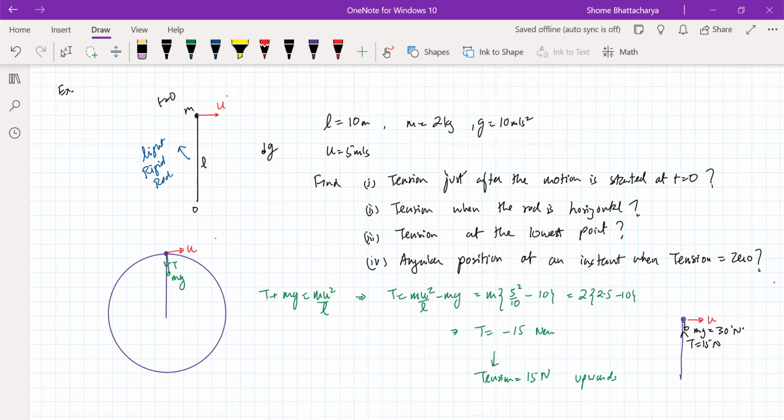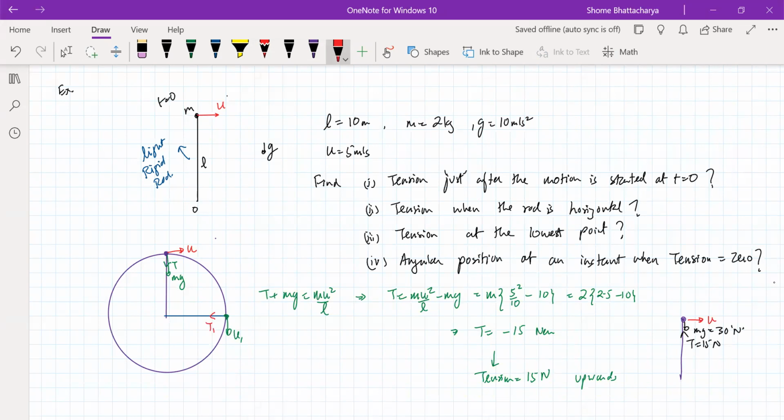Now see, as the particle comes to the horizontal position, for example, here the speed is supposed to become V1, and the tension has become T1.